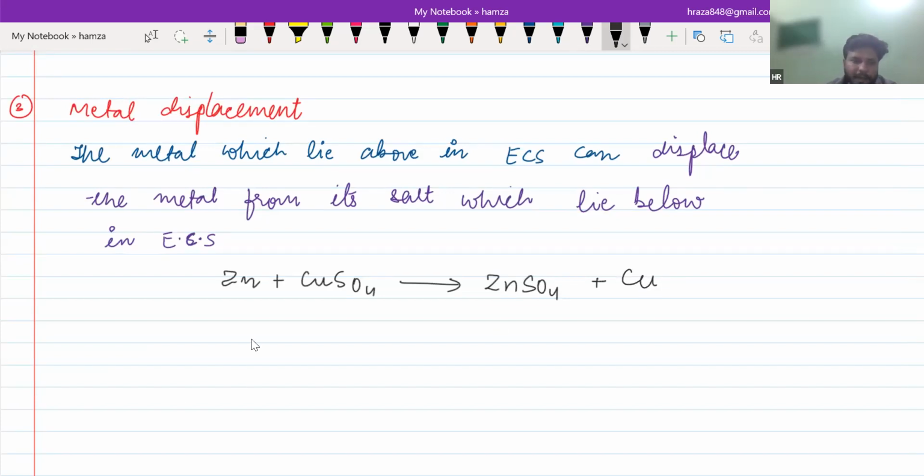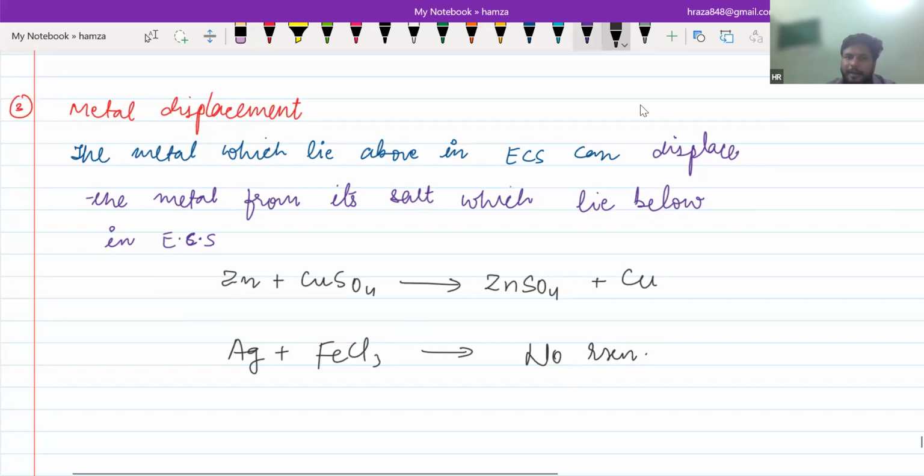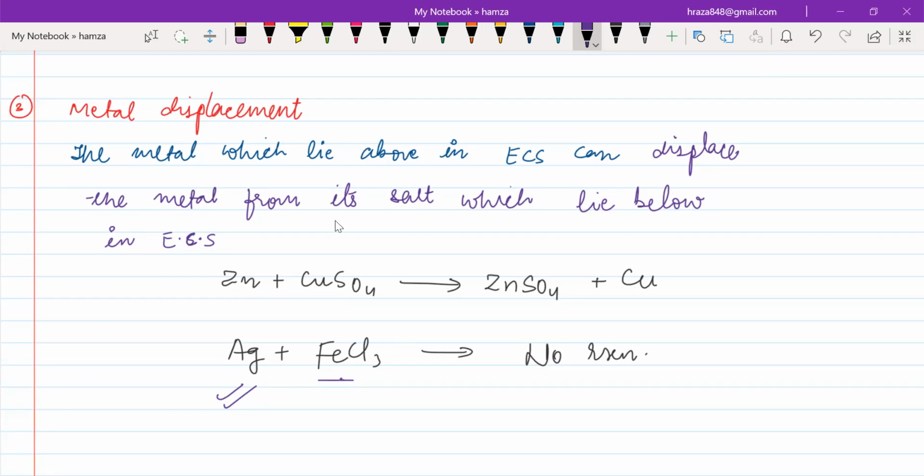Now if you react Ag plus FeCl3, no reaction, because iron lies above Ag. That's why this reaction will not take place. Okay, is that clear? Yes, sir. Please write it.